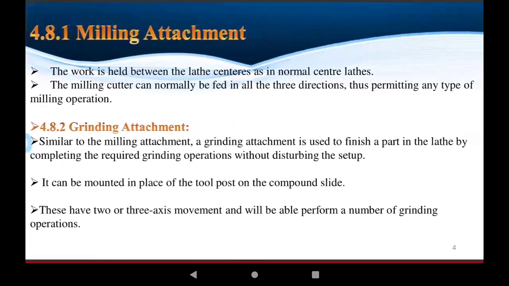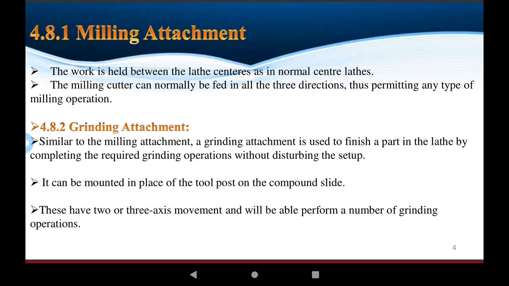Okay, this operation is performed on the lathe machine, with the carriage at the normal center. The milling cutter can be moved in all three directions, and the milling operation is performed in all three directions.